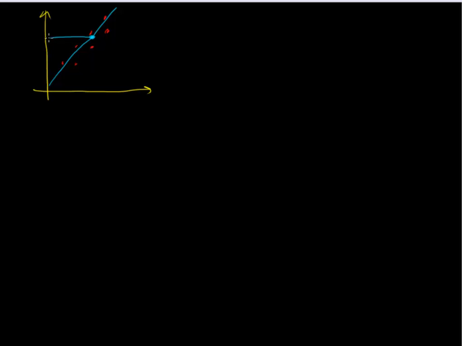So this is our YE, that's the Y estimated by the model, and then this over here, this is our YI, and this is the actual measured data, and this is the error.